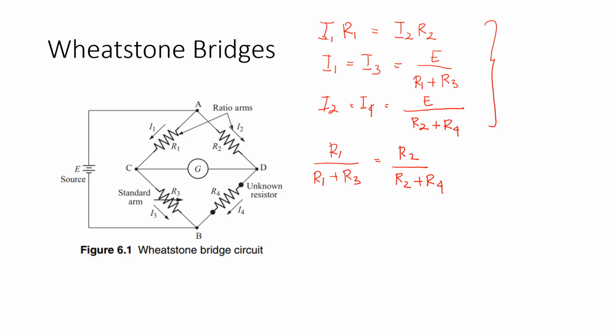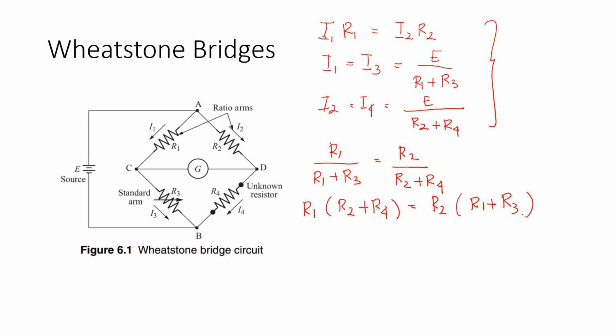Then we do multiplications. So R1 multiplied by R2 plus R4 is equal to R2 multiplied by R1 plus R3.